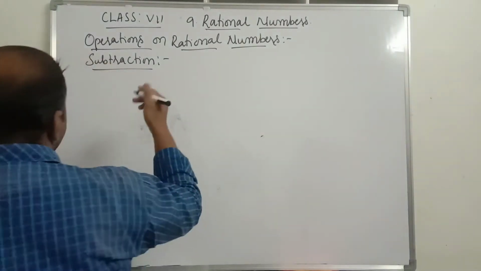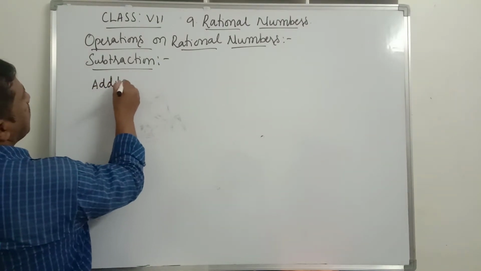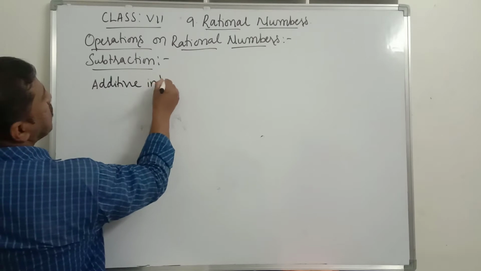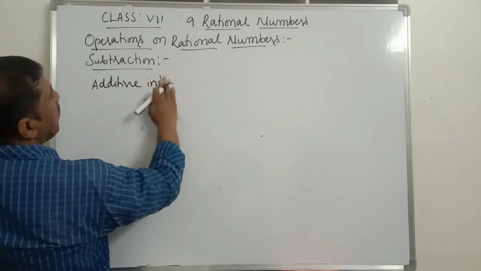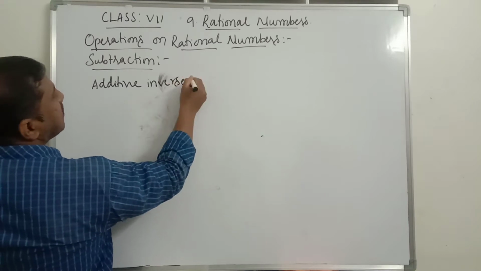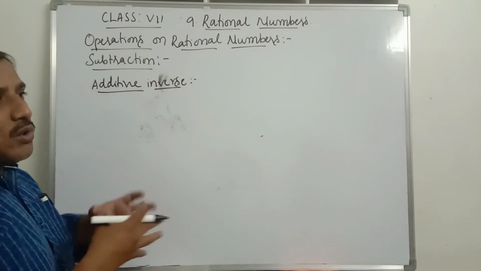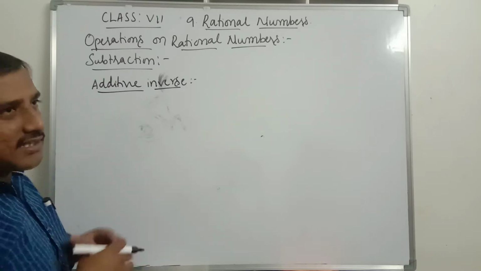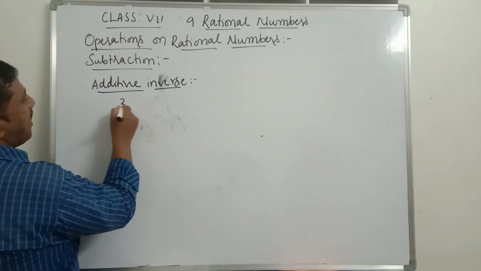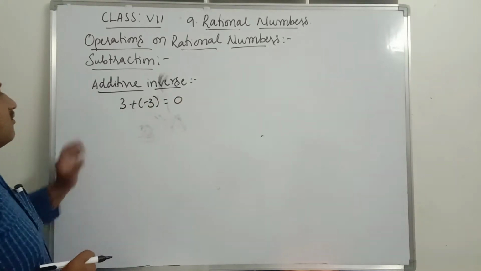So before that we will discuss what is additive inverse. Additive inverse we studied in the integers chapter and fractions. Additive inverse means that by adding two numbers we get 0, that is 3 plus minus 3 will get 0.